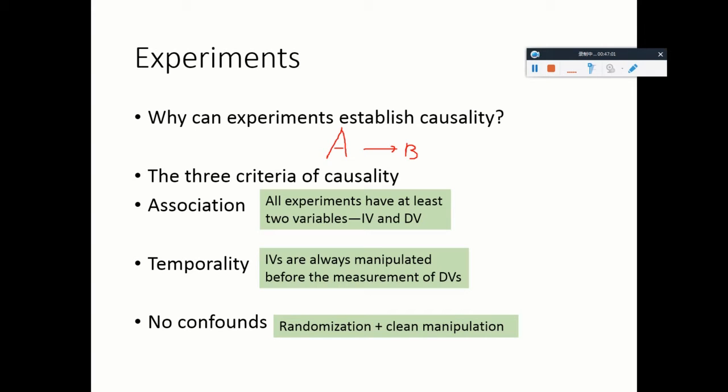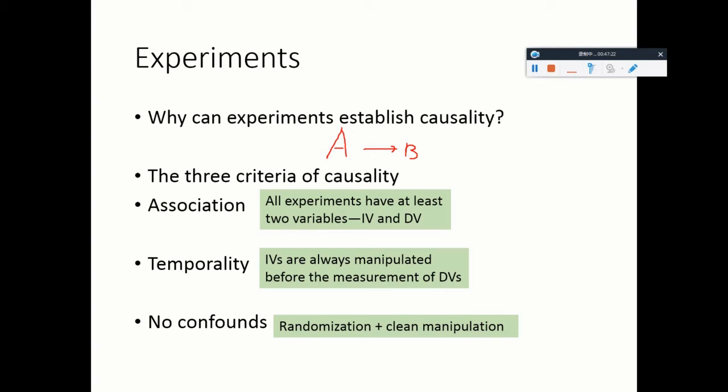By randomly assigning extroverts and introverts into the two conditions, over time and with large enough sample size, we'll be able to make sure that roughly the two conditions contain equal amounts of extroverts and introverts.